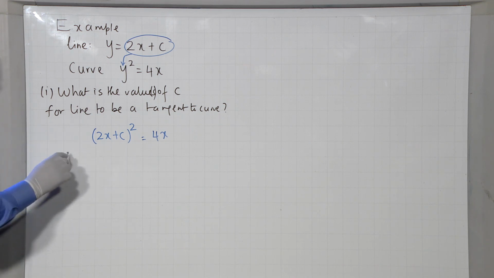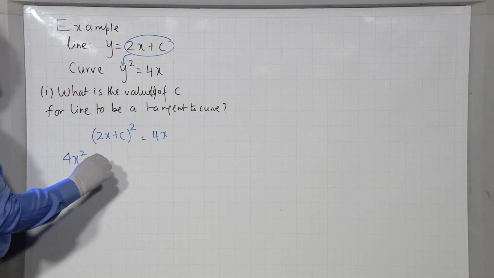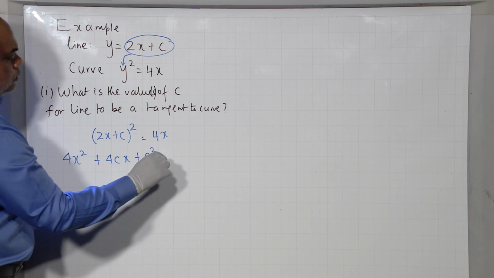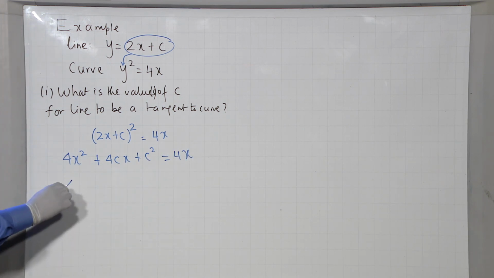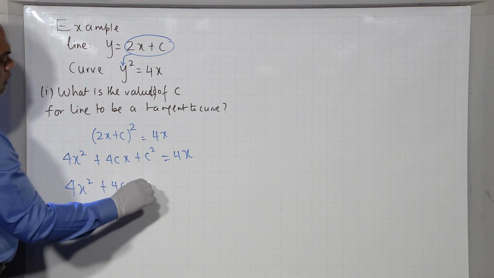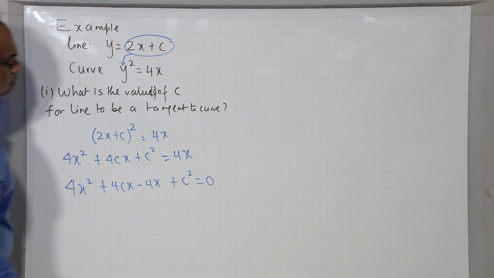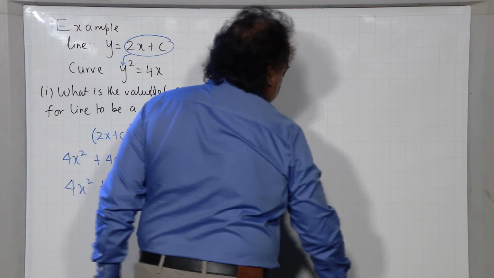I can expand this, so this becomes 4x squared plus 4cx plus c squared is equal to 4x. So 4x squared plus 4cx minus 4x plus c squared is equal to 0. We are going now to find the discriminant.